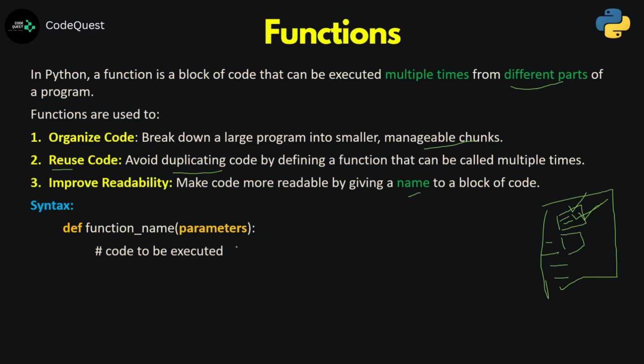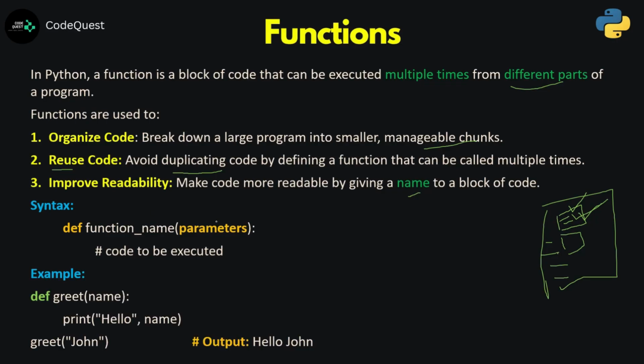And here we write the block of code, maybe one line, maybe multiple lines, which belongs to this particular function. For example, here I'm defining a function, say greet is the function name. I'm using the keyword def followed by one parameter, let's say name, and this statement is the body or the block of this particular function.